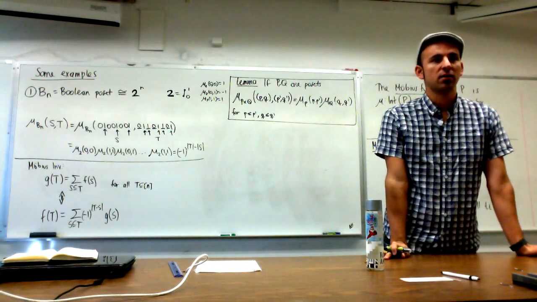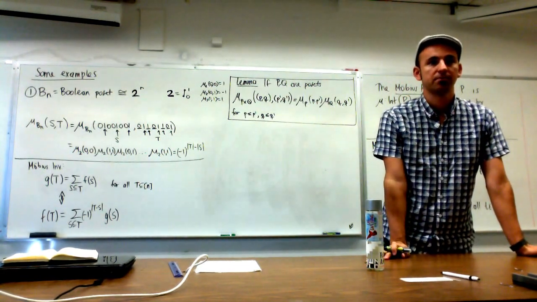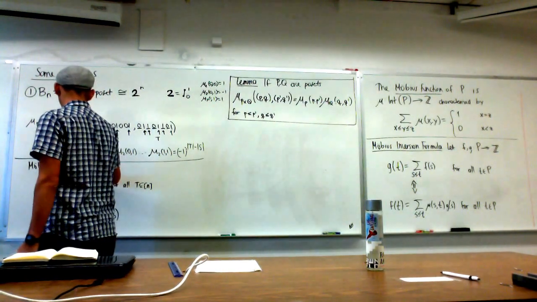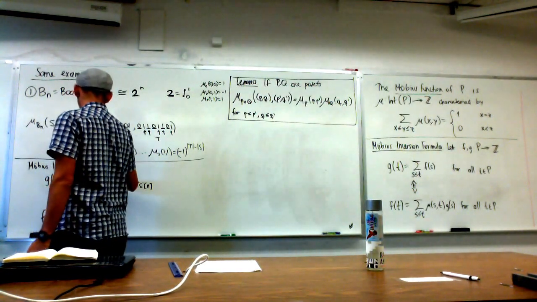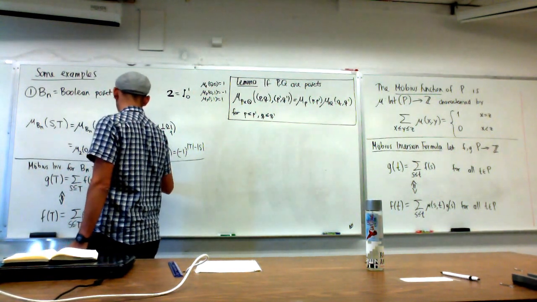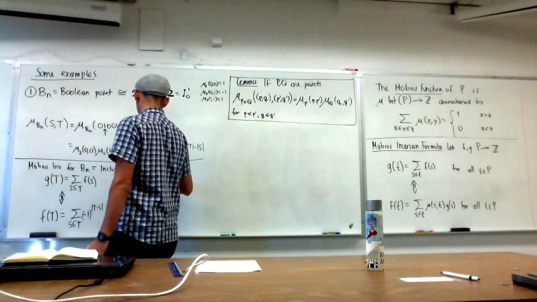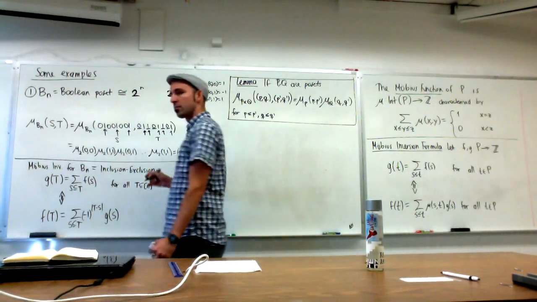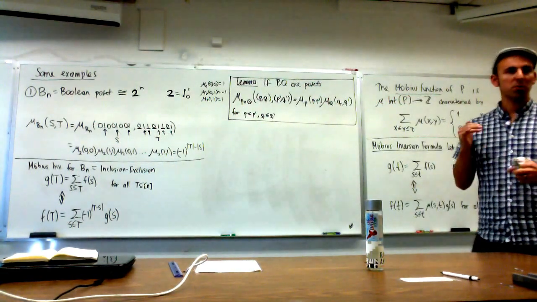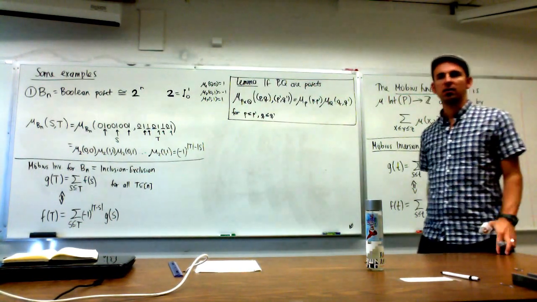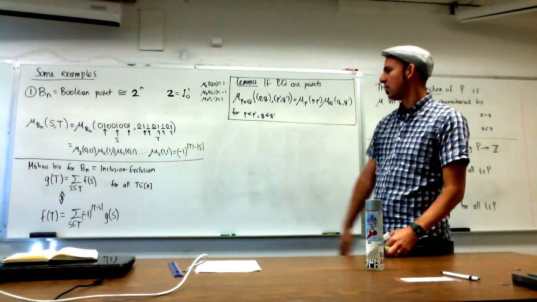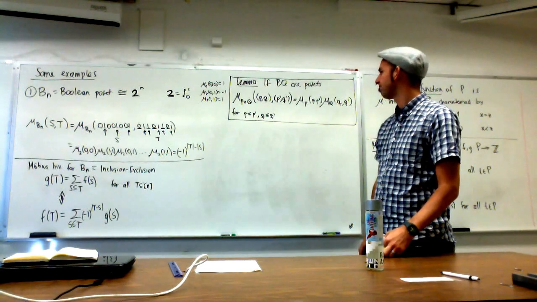This is exactly the inclusion-exclusion formula. So Moebius inversion for the Boolean lattice is exactly the same as inclusion-exclusion. So this is one way of thinking about Moebius inversion. It's something more general than inclusion-exclusion. For the simplest case, it gives us inclusion-exclusion.